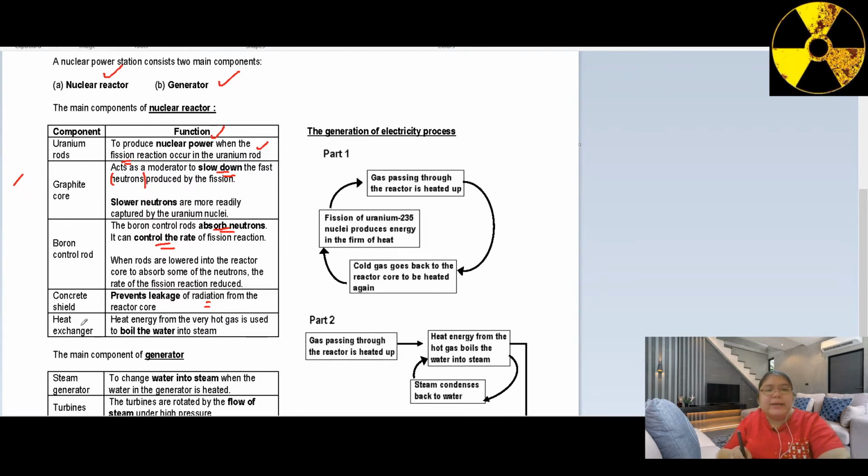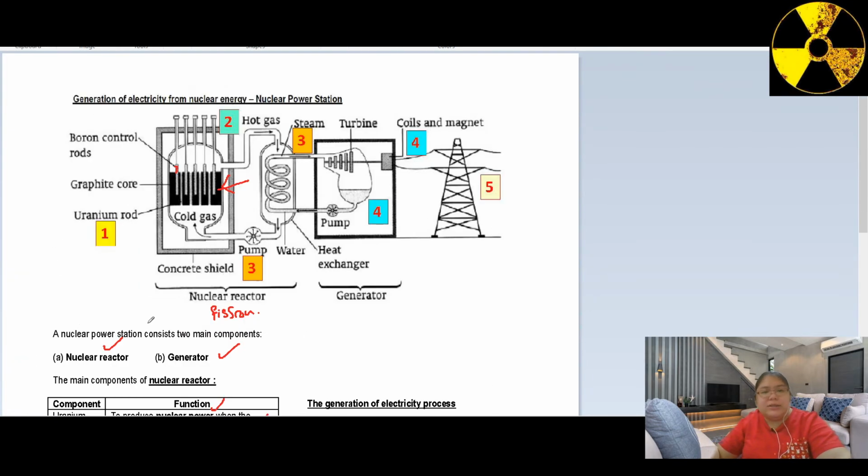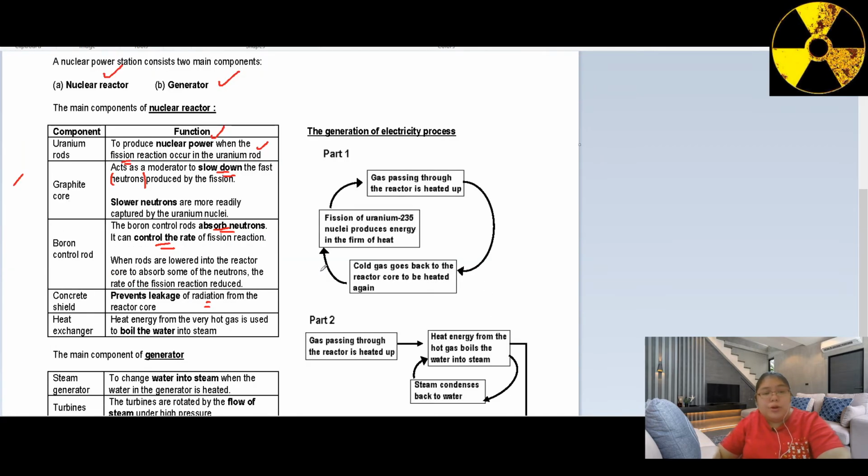Heat exchanger is the last part, the bottom here. Heat exchanger, actually they want to exchange. You see the heat energy from the very hot gas is used to boil the water. That means they produce a gas with very high heat, is it?